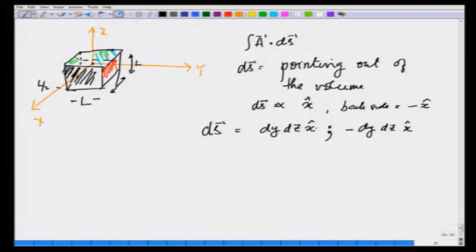So, for these two surfaces, let us calculate A dot ds.